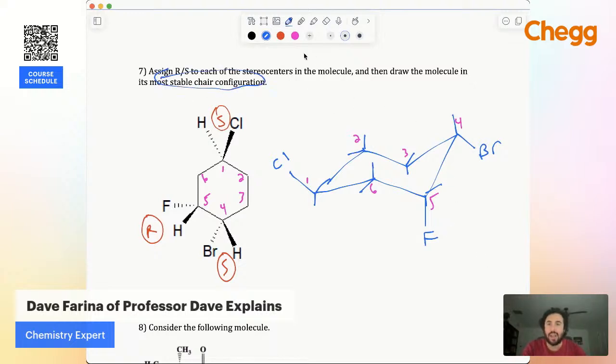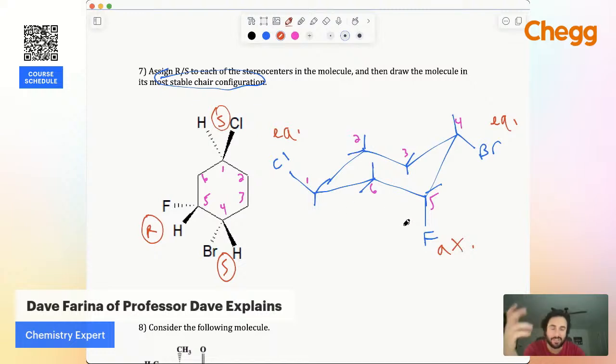How do we know that? That's because we have two groups that are equatorial. The chlorine is equatorial. The bromine is equatorial. The fluorine is axial. Equatorial is more energetically favorable than axial because the axial groups participate in those diaxial interactions. So there's other hydrogens here.